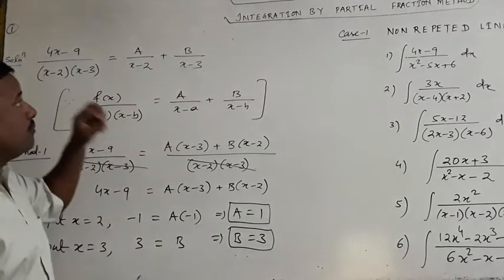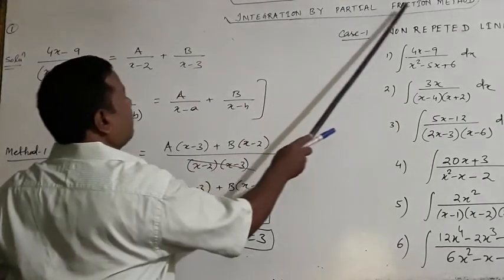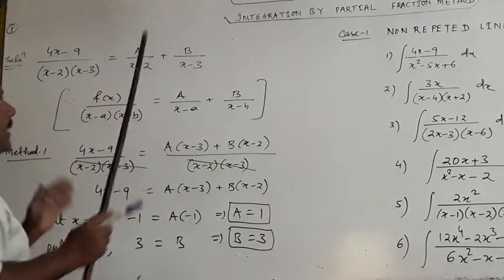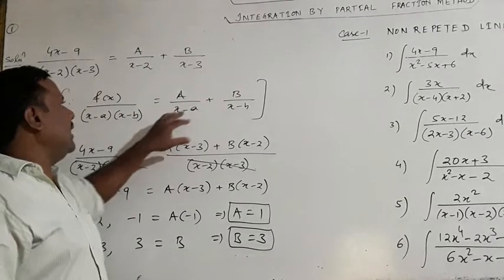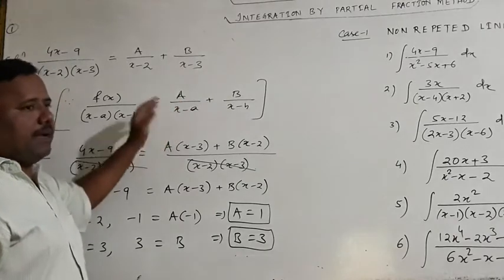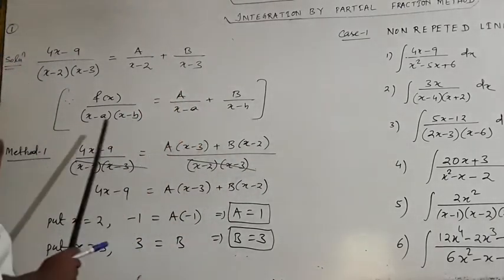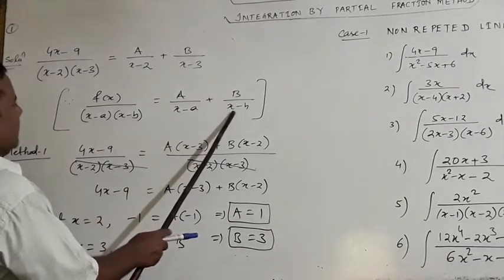This is the form, this is the method of how you have to solve the partial fraction. The meaning of partial fraction: partial means part. This is one part, and this is a fraction. Partial fraction means part fraction. And the method is A/(x − a) + B/(x − b).